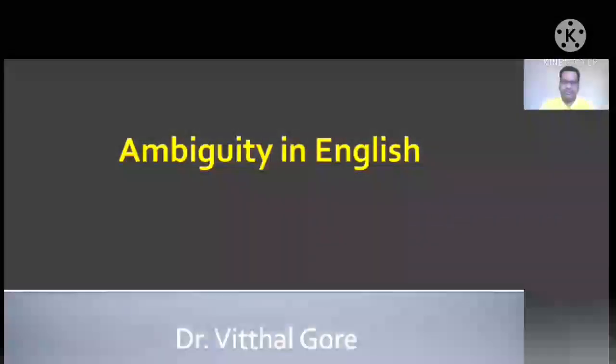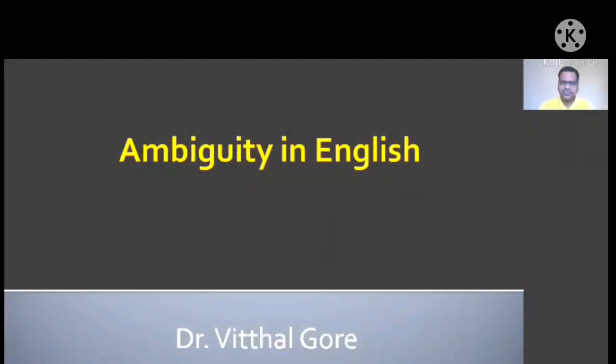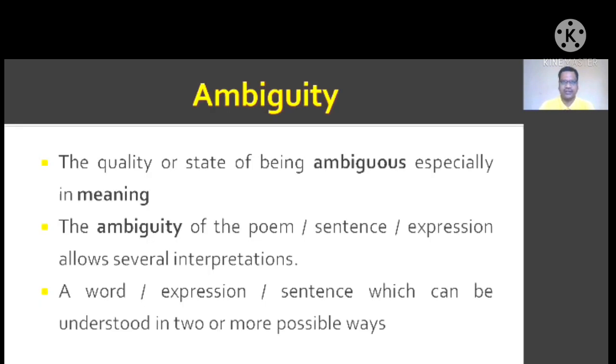So let us try to learn ambiguity in English. So friends, as I said, in this video, I am going to deal with ambiguity in English. First of all, try to understand what you mean by an ambiguity.